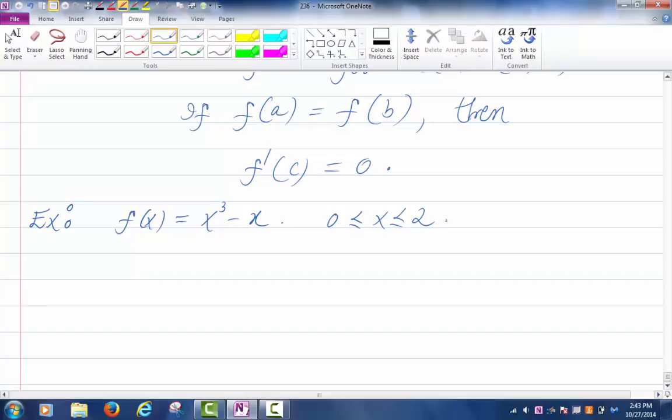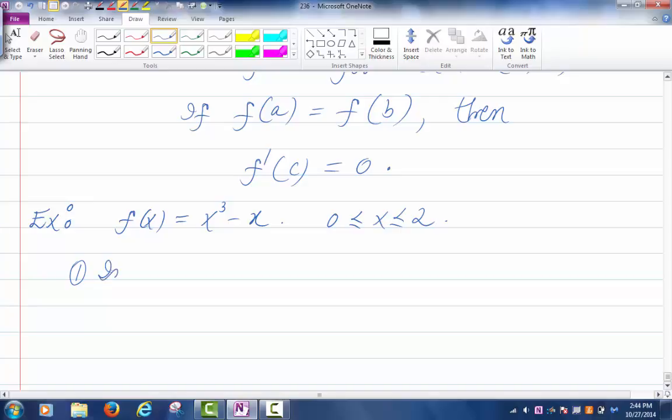How do I check that? What are the conditions of Rolle's theorem? The conditions are: is the function continuous over the given interval, and is the function differentiable over the given interval?